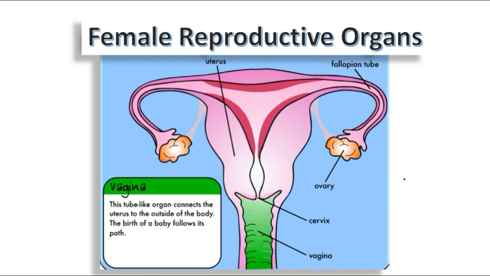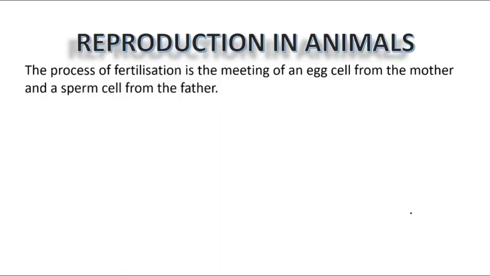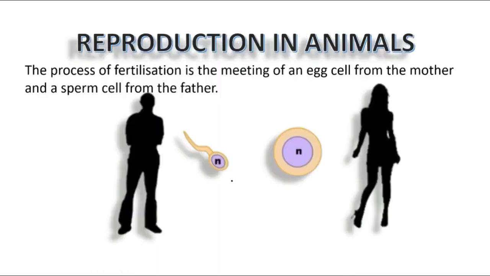So we have understood the process of fertilization is nothing but meeting of the egg cell from mother with the sperm cell from father, right? So father will give a sperm and mother will give an egg. The new individual which is formed will have the characteristics of both father as well as mother.